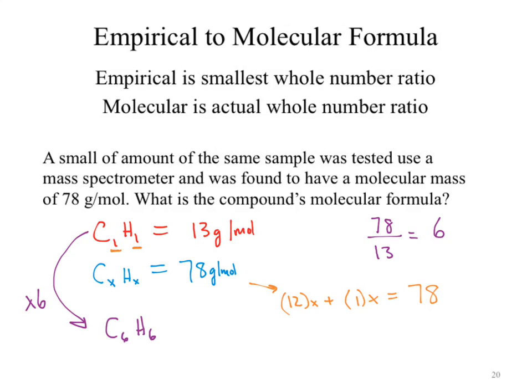One other way to solve it, I'd be surprised if no one tried this method. Was x equal to 1? No. How do you know that? The mass is 13. How about x equal to 2? Why not? We check the mass, and that comes up to 26.